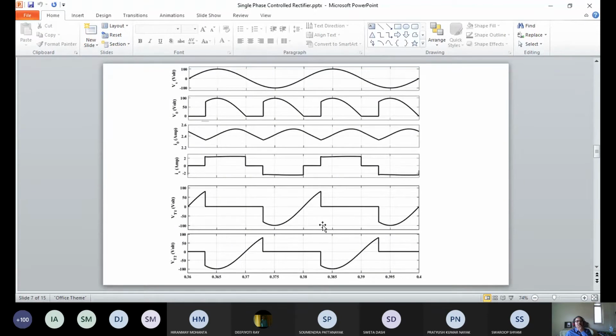One more question. At what point will the peak of the current appear, at pi or just before pi? That answer we get from the equation: Vm sin omega t is equal to I naught RL plus L di naught by dt.